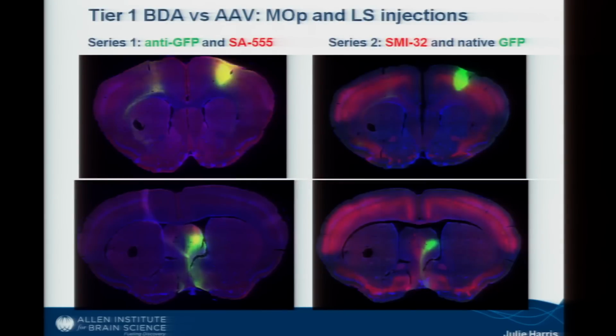And here I just wanted to show you some data, how things are progressing. Here is an example showing a comparison of BDA with AAV using a co-injection or serial injection method. Of course, the data is not Cre-dependent yet. It's just regionally specific. But it shows that both tracers are able to label the same site precisely.